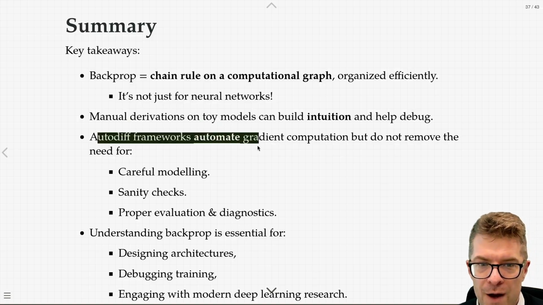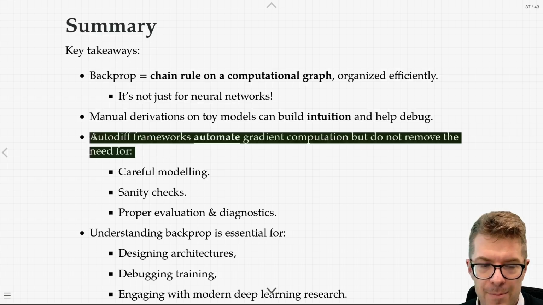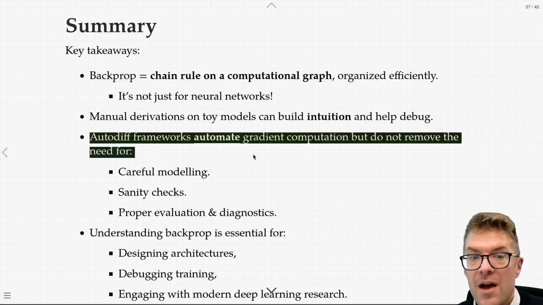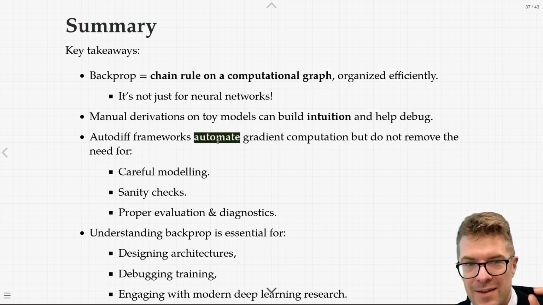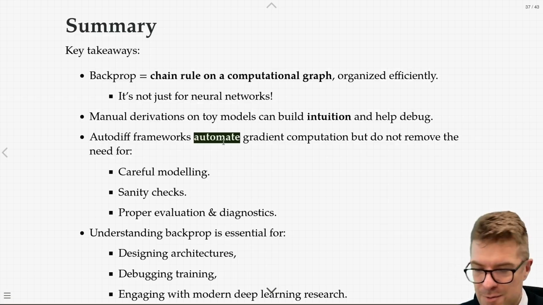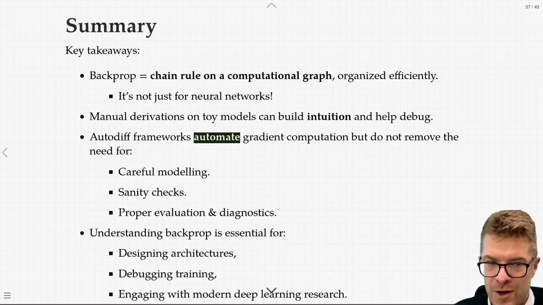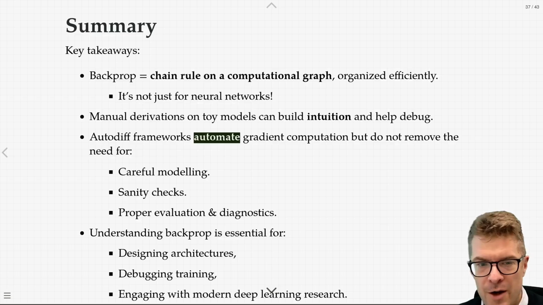The autodiff framework, like PyTorch's implementation, automates everything for us. So in the PyTorch implementation in example 2, everything was much more compact. We said this is the sequence of events you have to deal with. This is the loss function I want to use. This is the criterion I want to use for training, and then you figure it out yourself, PyTorch.